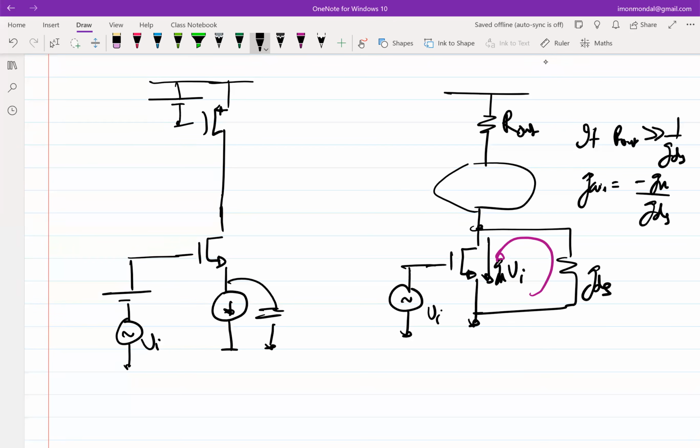If this incremental current doesn't flow into GDS, which means GDS is not loading the GM anymore, right? Do you agree with that? Okay. So the problem statement now gets redefined as what should that box be so that the incremental current doesn't flow into GDS. Okay. Fine.